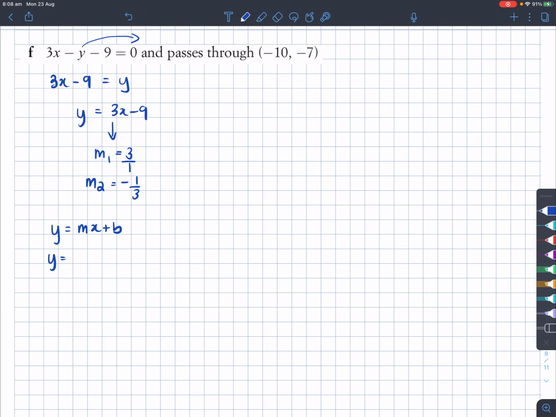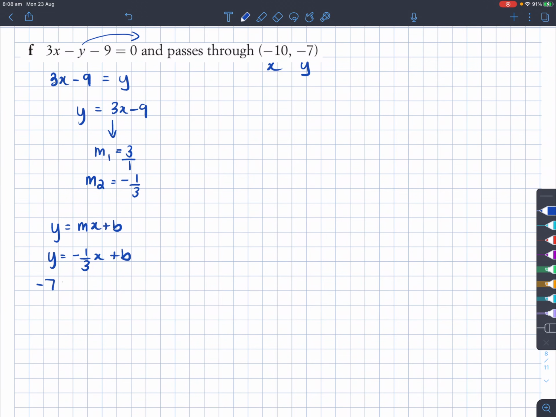So y equals negative 1/3 x plus b. Our y value in this case is negative 7. Our x value in this case is negative 10. So if we put our y value as minus 7, right there, and our x value, which we're going to multiply by negative 1/3 by the way, by negative 10, we get this result. Okay, right there.